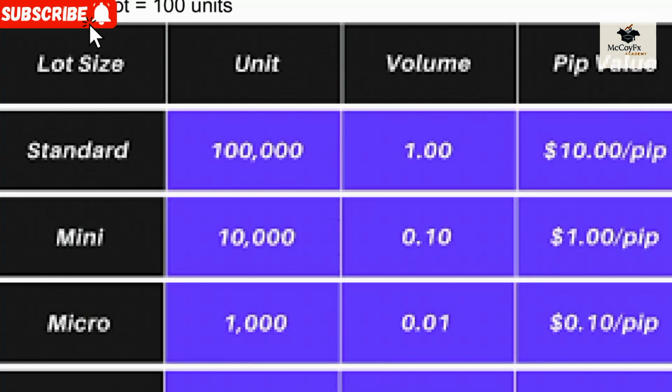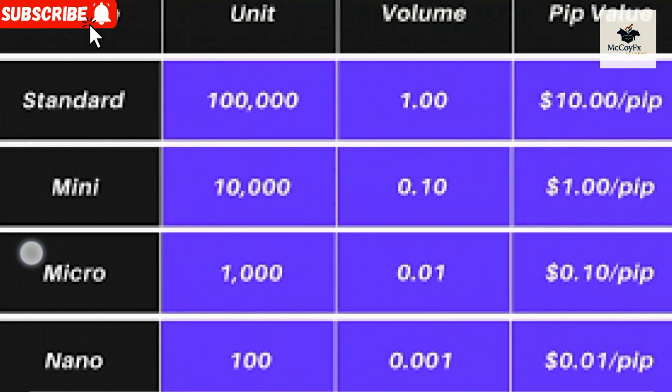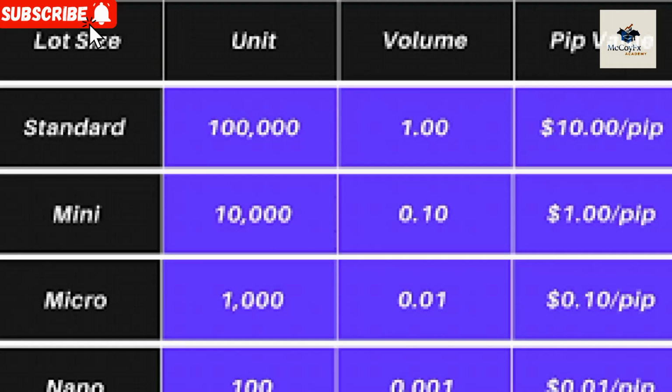If we can all see the diagram, you can see we have lot size: standard, mini, micro, and nano. In front of the standard, we have 100,000, which comes with a volume of 1.00. We'll be learning how to change that and how it affects our trade anytime we open. And we have the pip value.